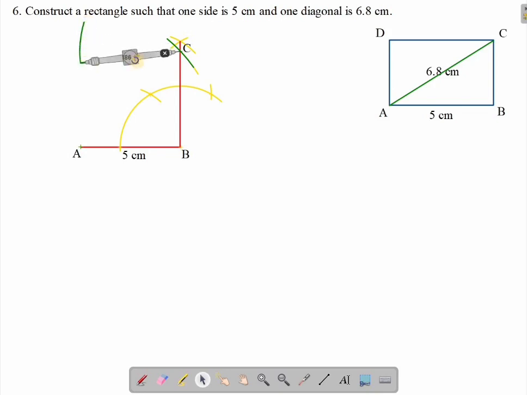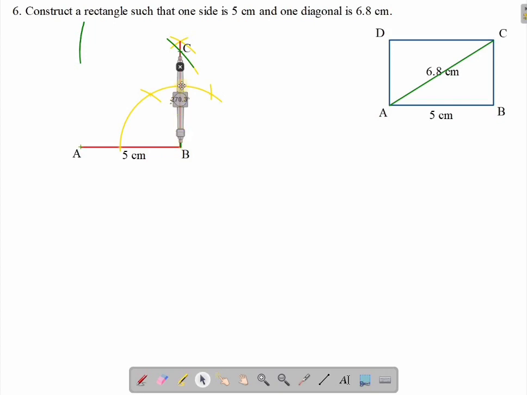Now we will take the measurement equal to CB, because we don't know what is CB here, so we'll take the measurement equal to CB using the compass itself. So you can see I have taken the measurement of BC as well.